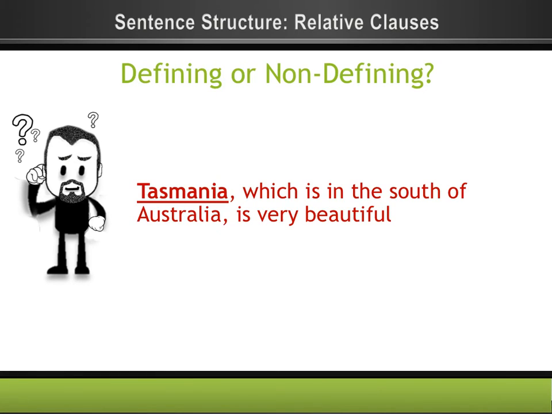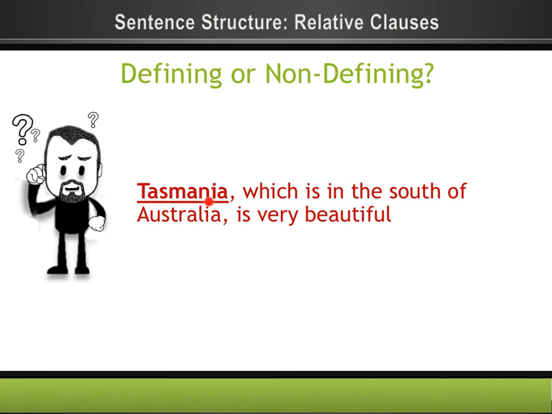Okay, so let's review. We've got two types of relative clause. We've got defining and non-defining. And we've got a rule, no name, no comma. So where do I look? Where do I look for the name? I look in the beginning, right?